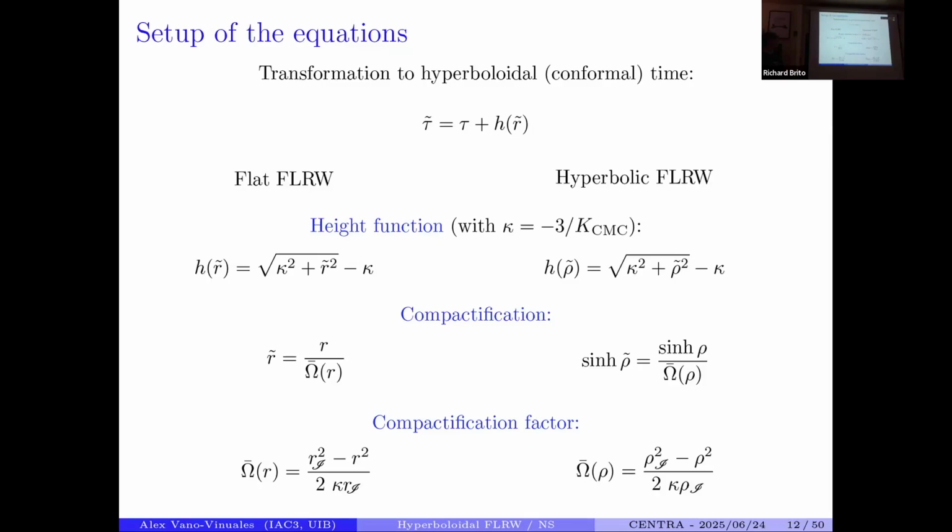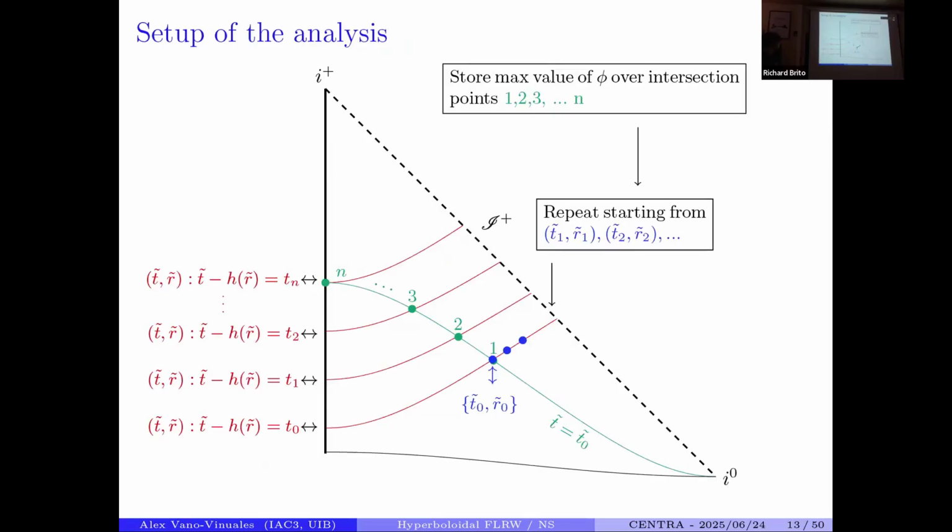With this setup, we transform our time coordinate and our radial coordinate in the equations. If we then want to recover the exponent for the decay, we still need to consider the decay on the original Cauchy slices, with the physical time. This is the setup that Flavio came up with.